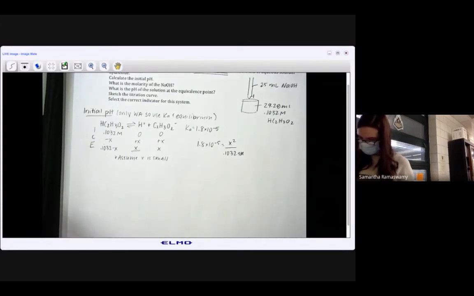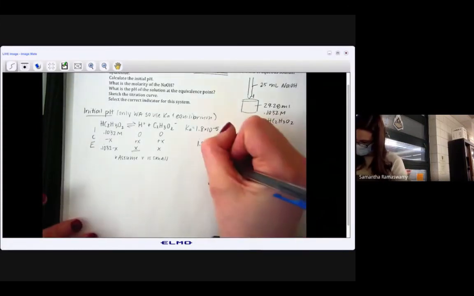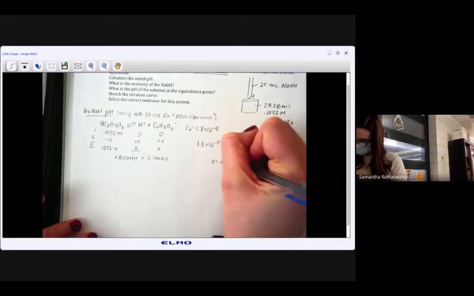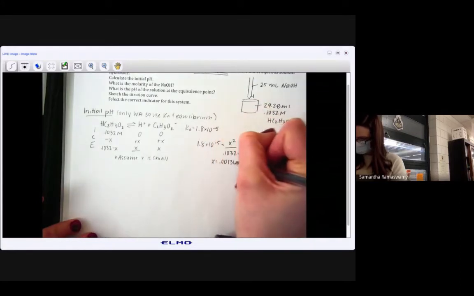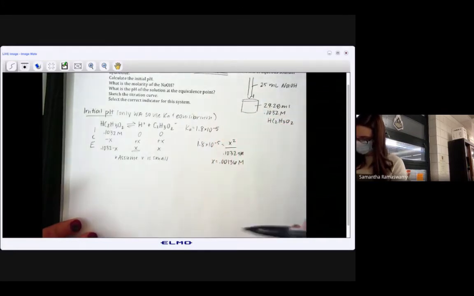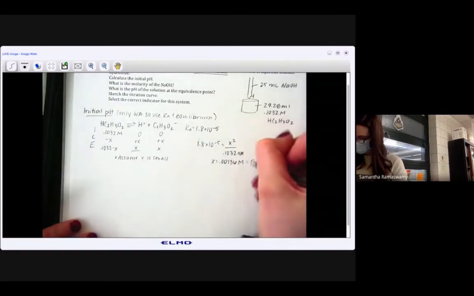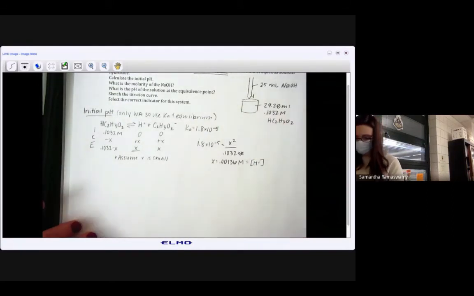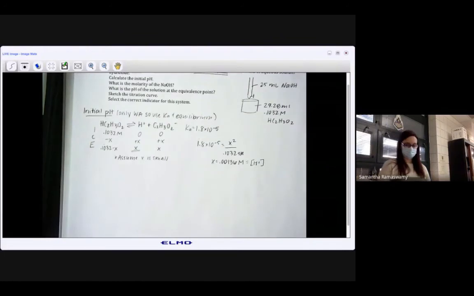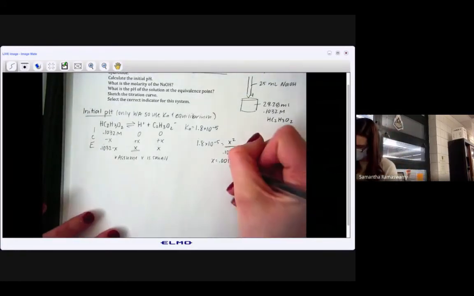Take the square root. 0.00136. And I know that X is H plus, so I'm going to just label that. Once you know H plus, how do you find the pH? Take the negative log.